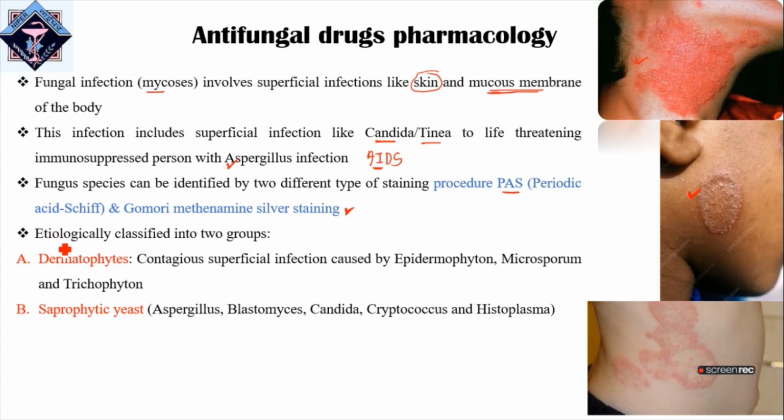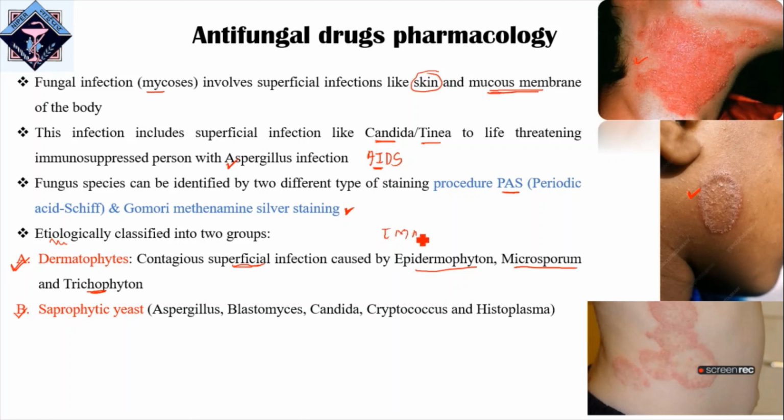Okay, if we classify the fungus according to the etiology, we have two types of fungus. One is called dermatophytes and another one is called saprophyte. Okay, so what is dermatophytic infection? This is a type of contagious superficial infection caused by Epidermophyton, Microsporum and Trichophyton. थ्री मेजर स्पेसिस में इसको निमोनिक याद रखने के लिए ईएमटी याद रख लेना.